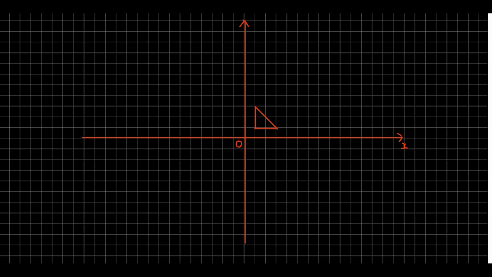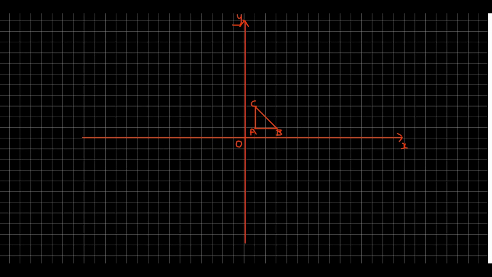So, let's say we had this triangle. Alright, vertices A, B, and C. A translation would mean that I can slide this triangle absolutely anywhere in my Cartesian plane.